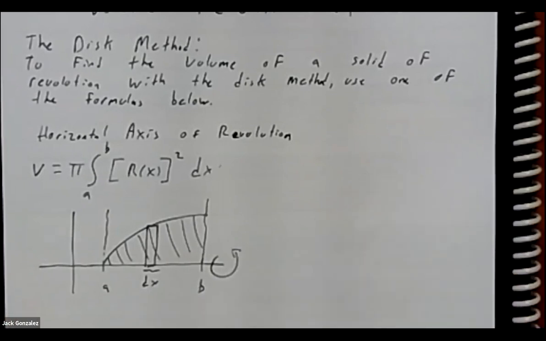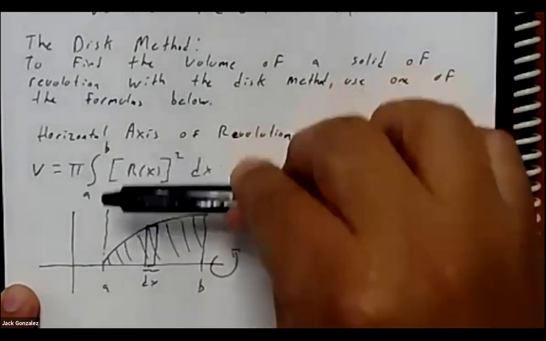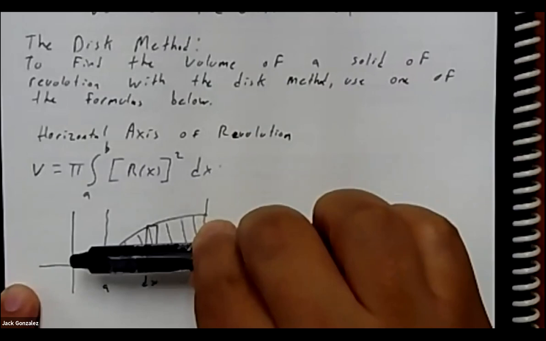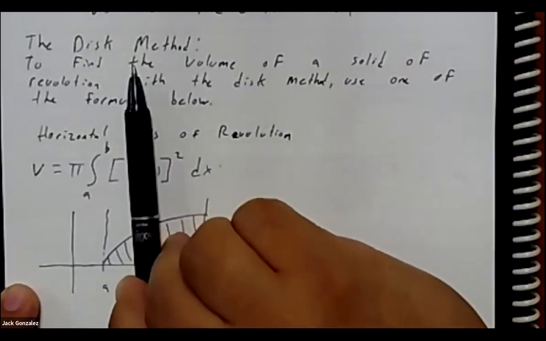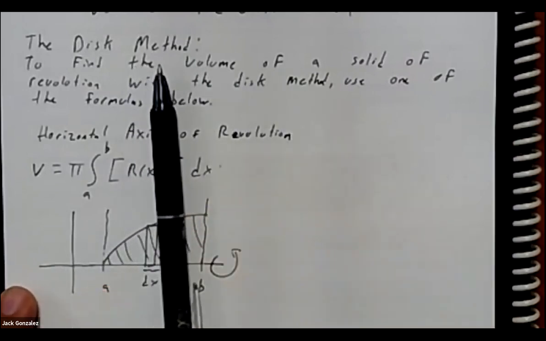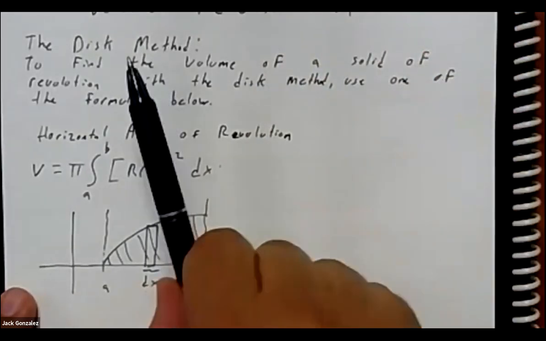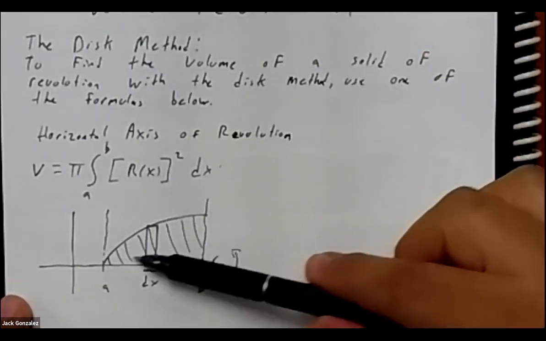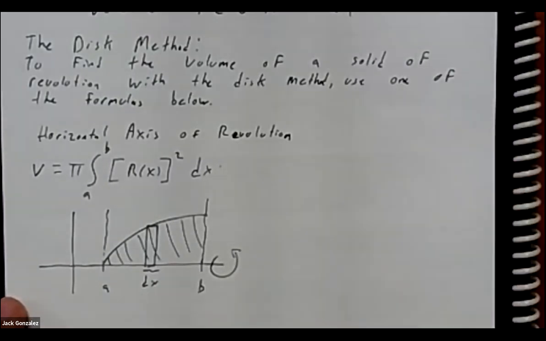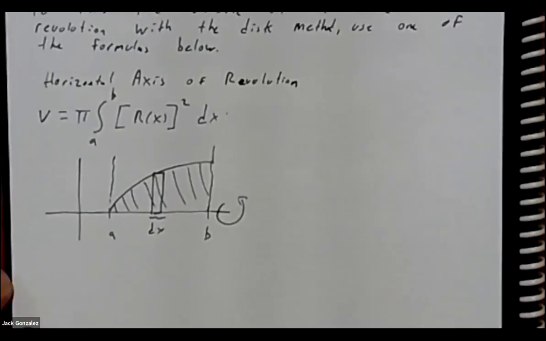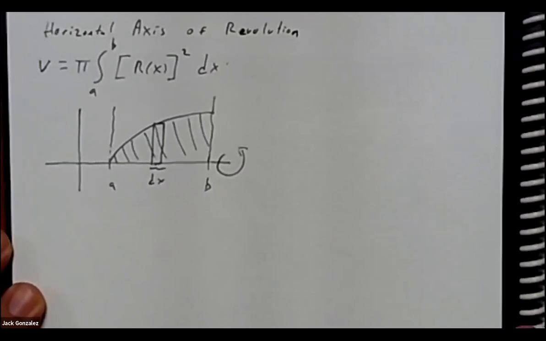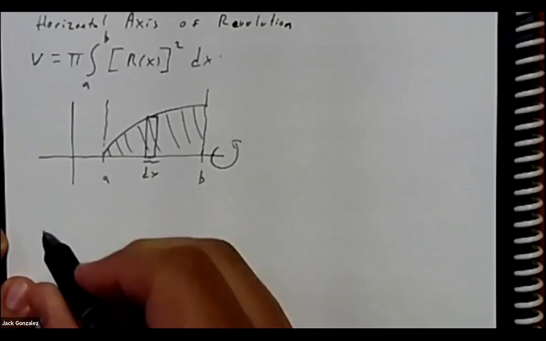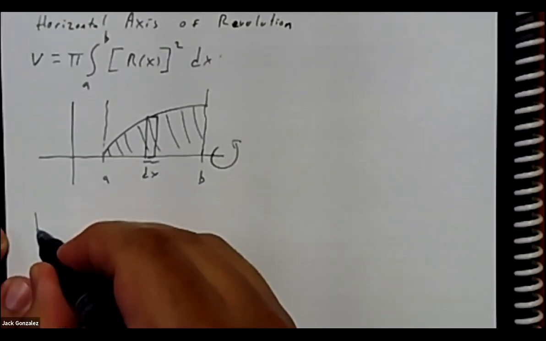If the question tells you I'm rotating horizontally or on some axis up or down, then the slice needs to be this way in order to use disk. Now, if the slice is this way, then I have to use a different formula. Right, so it's this one. And we'll go through it in a second. We'll do a bunch of examples.